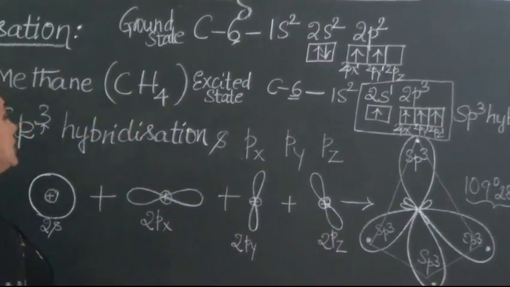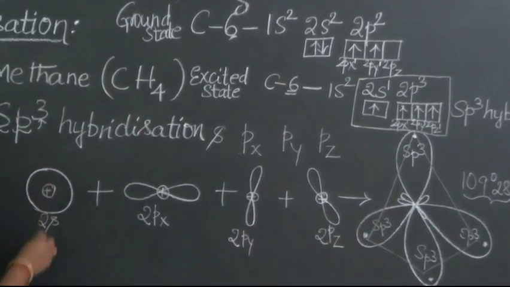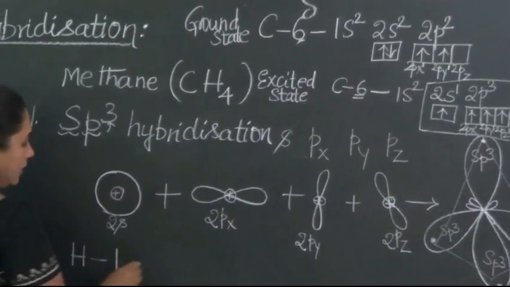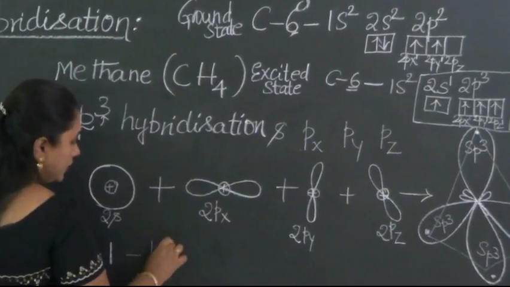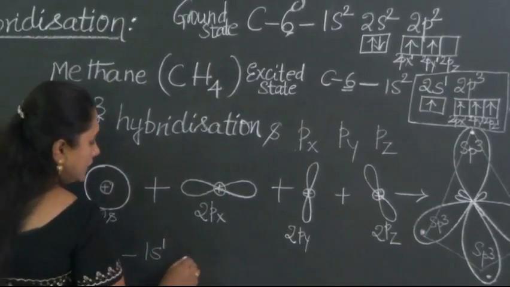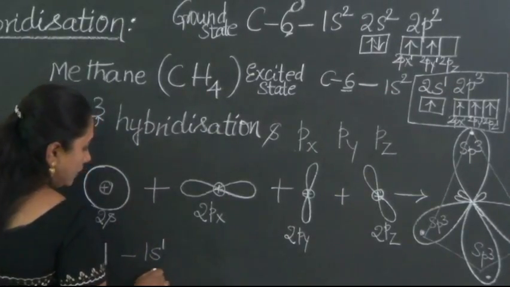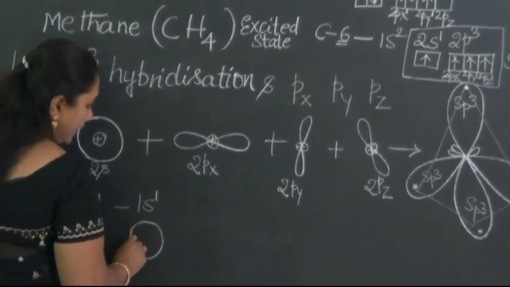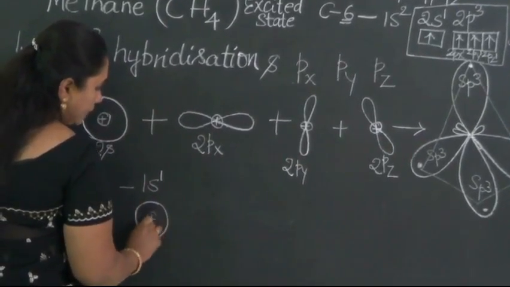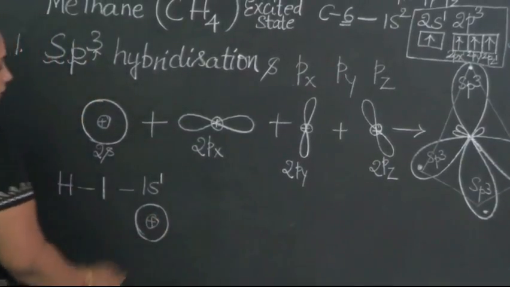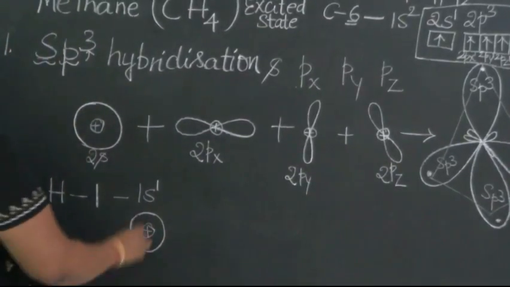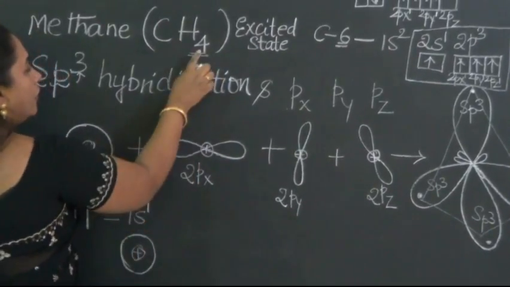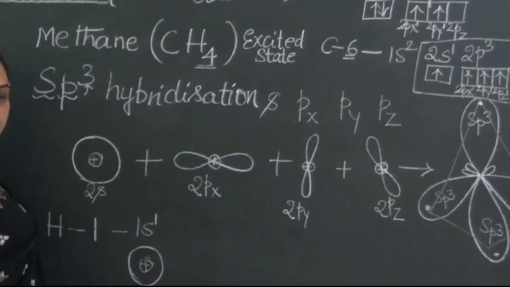Now let us see how this actually happens. Hydrogen has the atomic number 1 and its electronic configuration is 1s1. What is the shape of this orbital? S orbital, as we know, is spherical in shape. So like this, how many hydrogen atoms are there? According to the molecular formula of methane, we have 4 atoms of hydrogen.